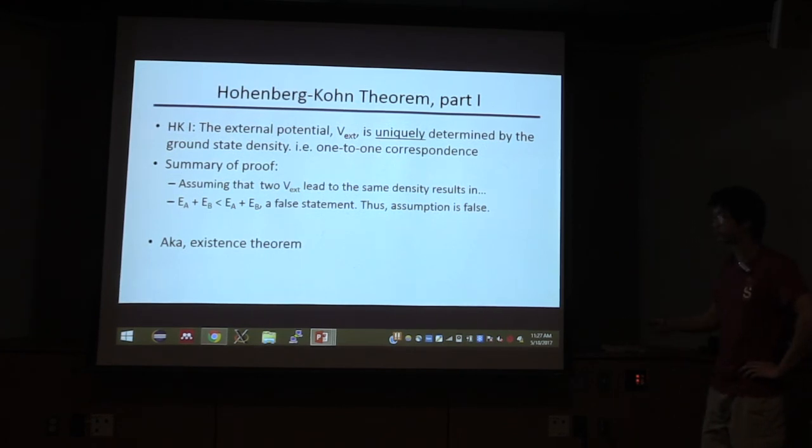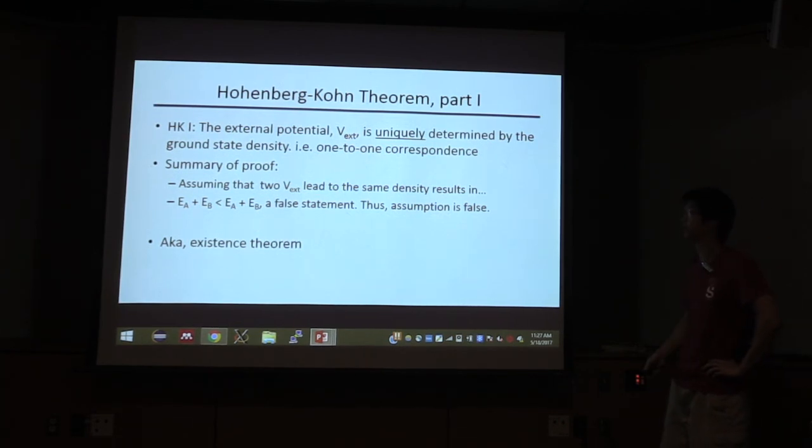The proof is fairly simple, but put in words, you can basically just assume that two external potentials lead to the same density, and you get a false statement where an energy is less than itself. Therefore, the assumption is false. This theorem is also called the existence theorem because since it proves uniqueness, it kind of proves that the density is useful and that an energy as a functional of density exists.